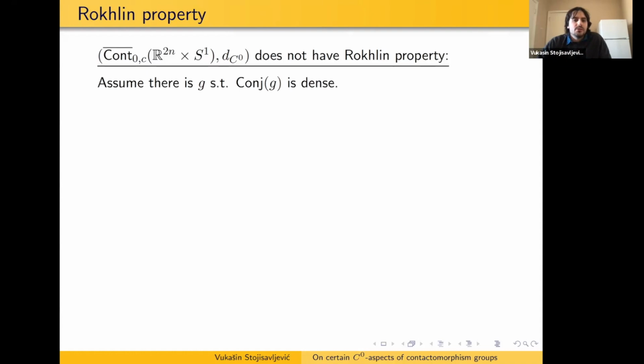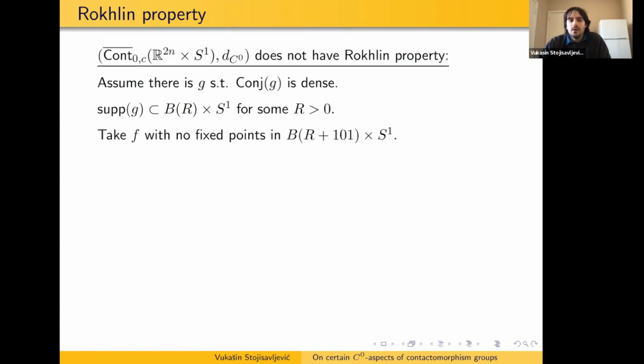If you assume there is g such that the conjugacy class of g is dense, then it is supported inside some large ball times S^1, just by the compact support assumption. Now we want to take another element which moves a much larger ball.